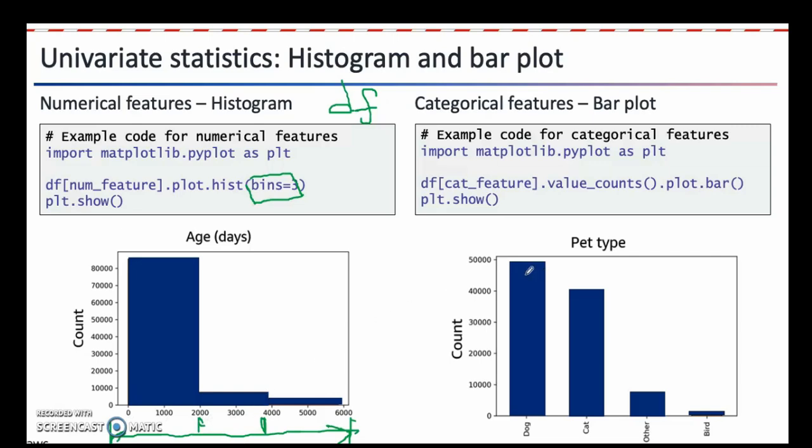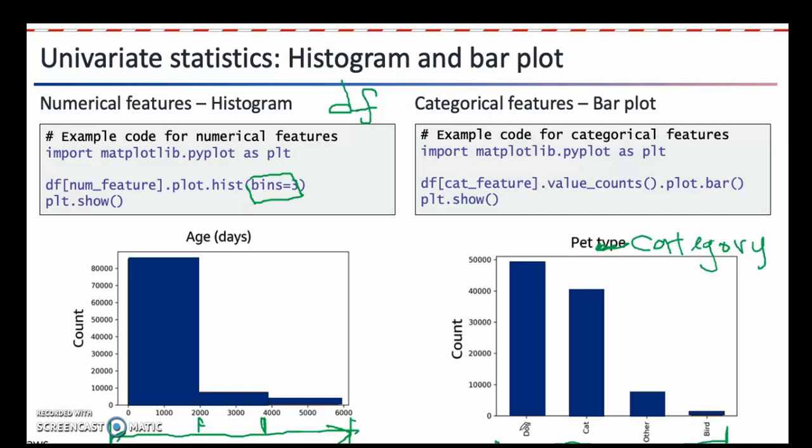Similarly, in analogy, for the categorical variable that's displayed on the right hand side, you can see the horizontal axis lists all the categories. In this case, maybe this shouldn't be pet type, but rather pet category, or pet class, or pet group, or simply just pet.